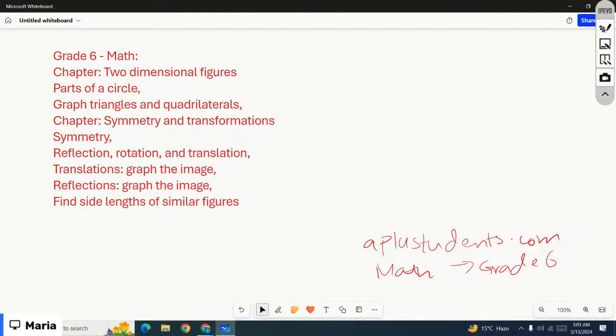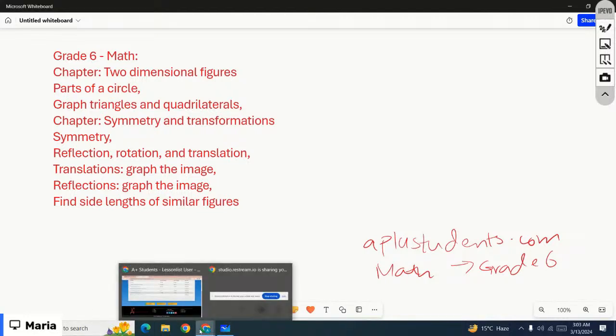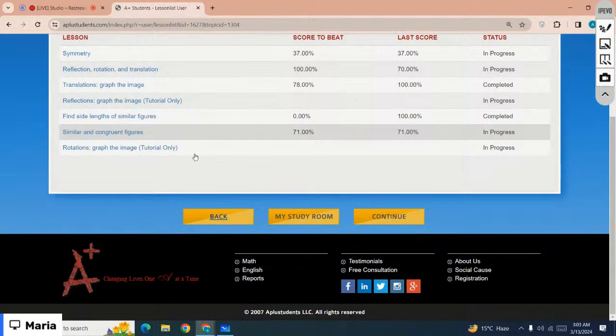So please make sure you have your notebook and pencil so that you can note down the important examples and definitions as well, right? So let's just start. Here I'm on grade 6 math.